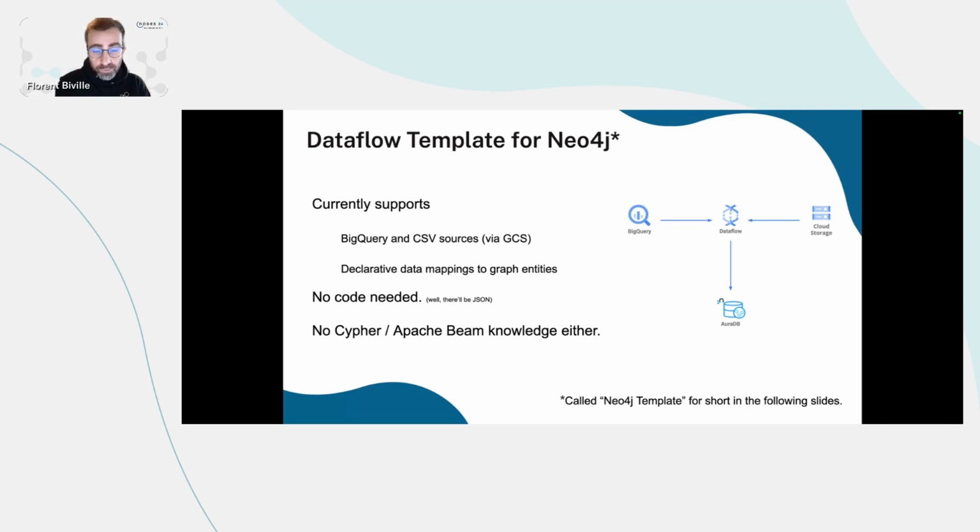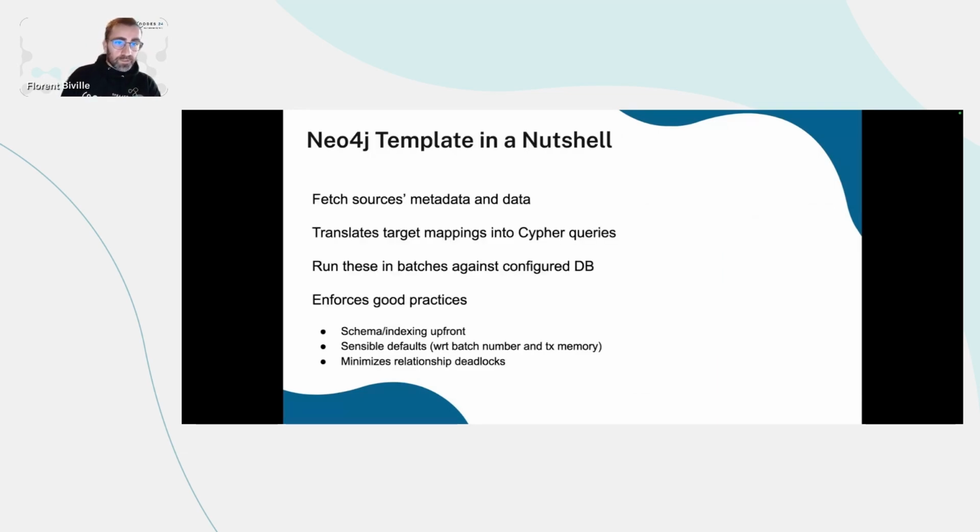But one thing that remains true, even in that demo, is that you don't need to know anything about Apache Beam. You just need to declare, here are my sources, here are my targets, my nodes and relationships, and then everything will run for you. To give a bit more precise vocabulary, we have sources, as I said, but we have targets.